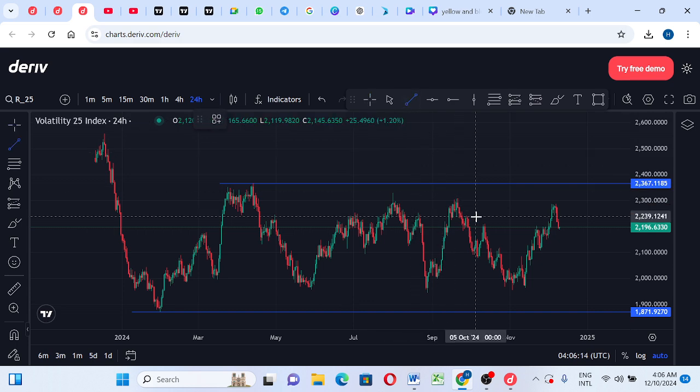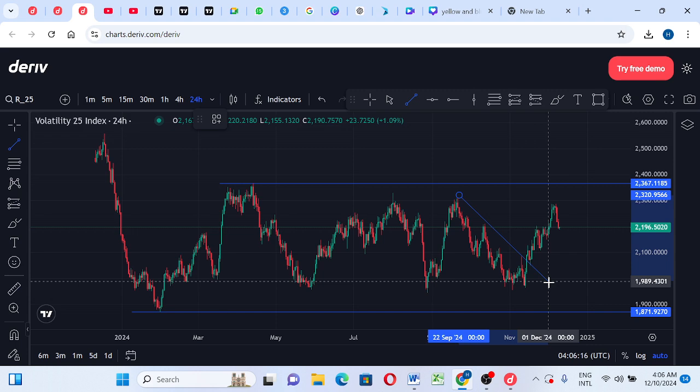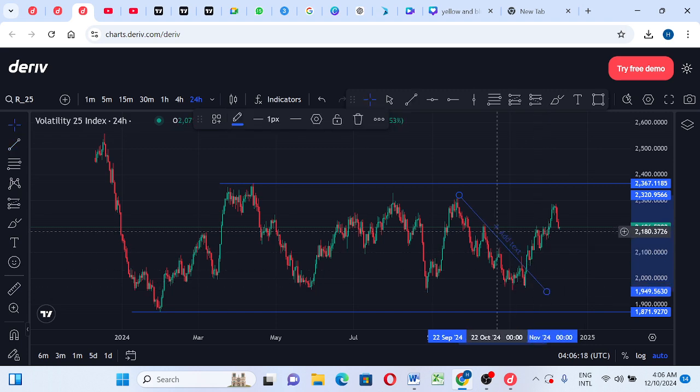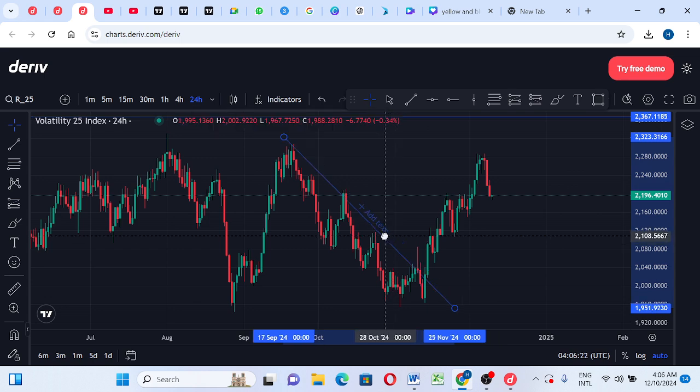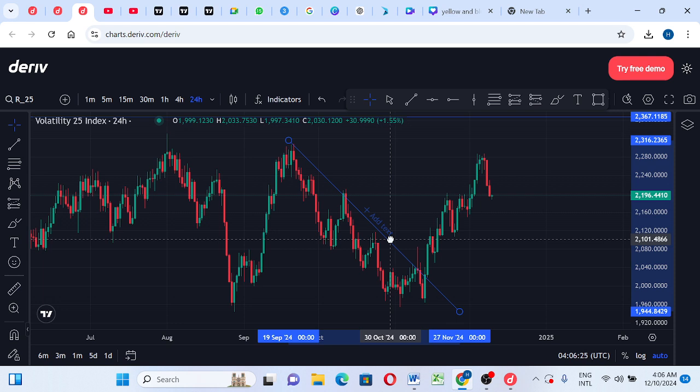Now we had a break initially to the upside, which is this particular price point, working from this high.